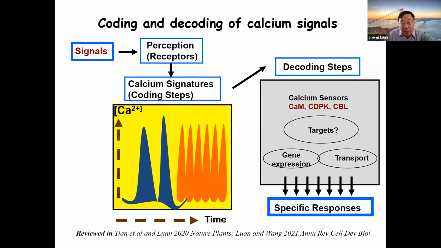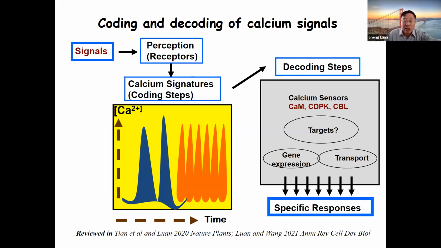Now, all these different reactions or responses will be literally calculated by the cell, and then finally formulate a specific response, depending on what signals are present at a particular time.